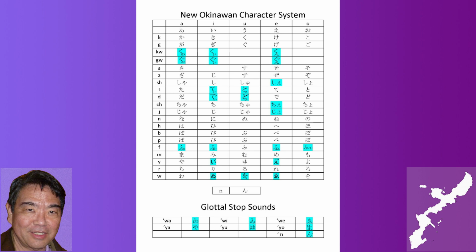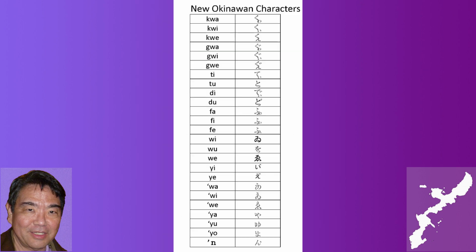Let's take a look at the New Okinawa system characters. I thought this would be of interest to those of you that know Japanese hiragana and were curious about the Uchinaguchi characters. I'll cover these characters very quickly. Kwa is a ku written with a small wa on the bottom.